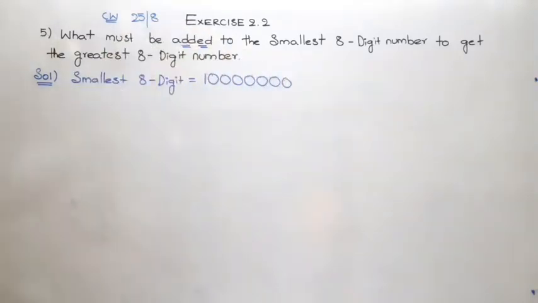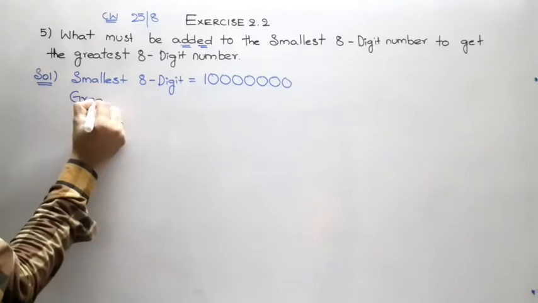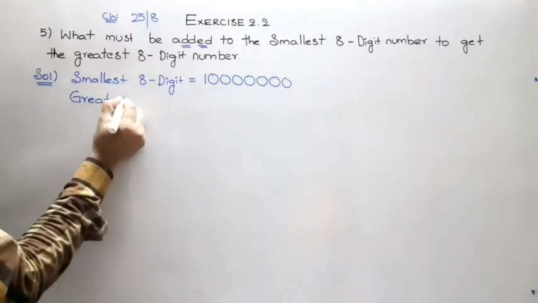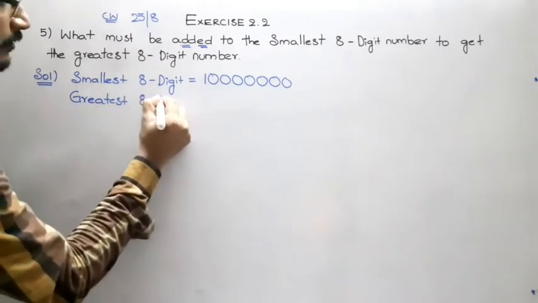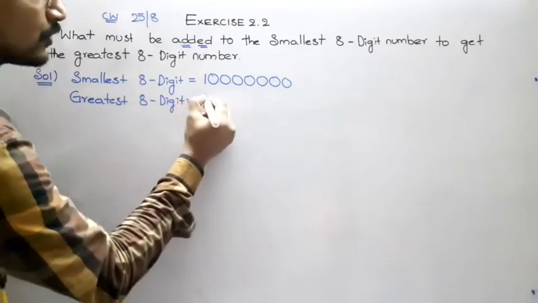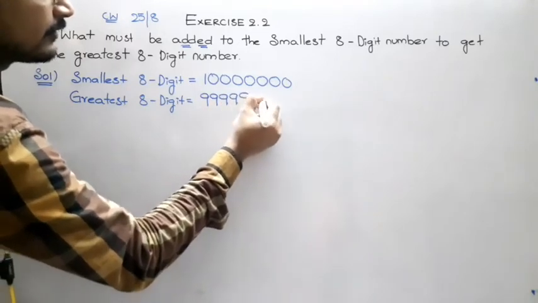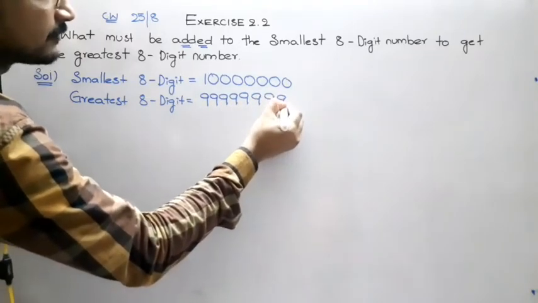Okay, so this is the smallest 8-digit number. Then what is the greatest 8-digit number? So it contains a total of 8 nines. You already learned this in your previous chapters. So 1, 2, 3, 4, 5, 6, 7, 8.